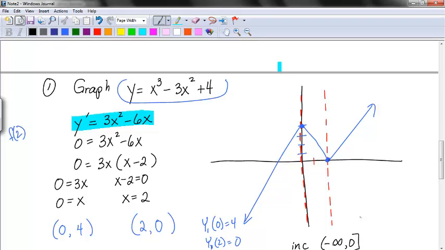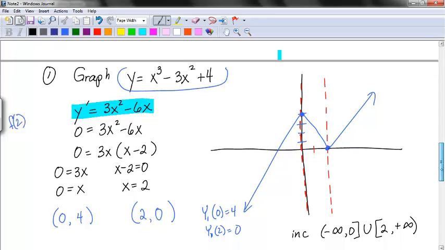I'm going to use brackets. So it's increasing from negative infinity to 0. It's also increasing from 2 to positive infinity. And when we're talking positive infinity, we're talking positive infinity to the right, not positive infinity up.